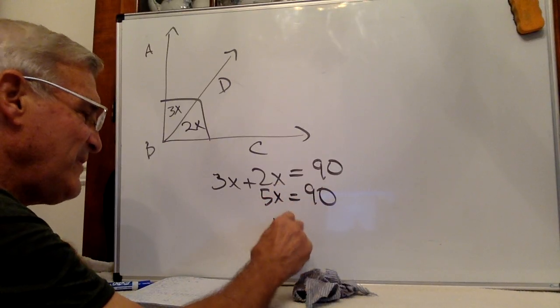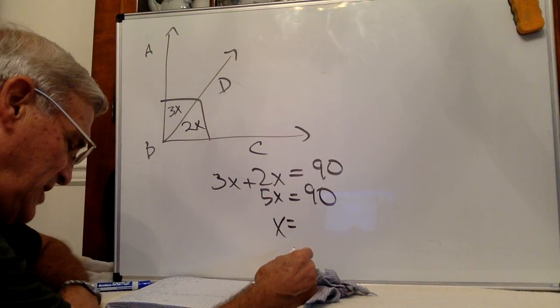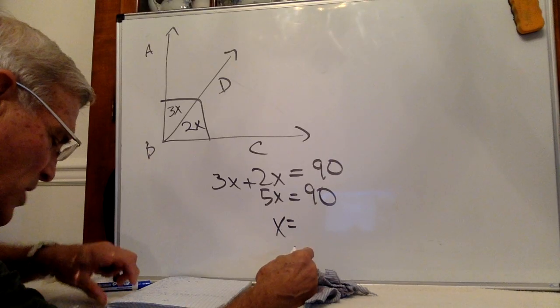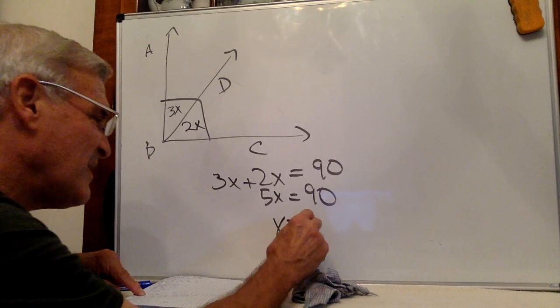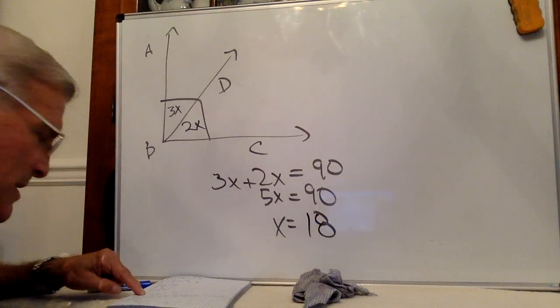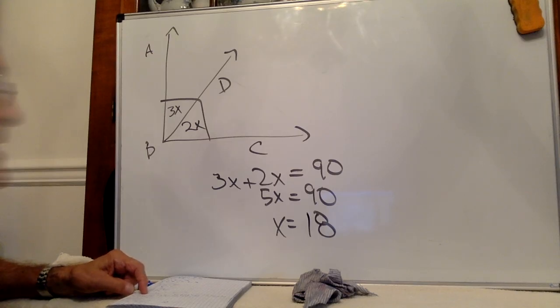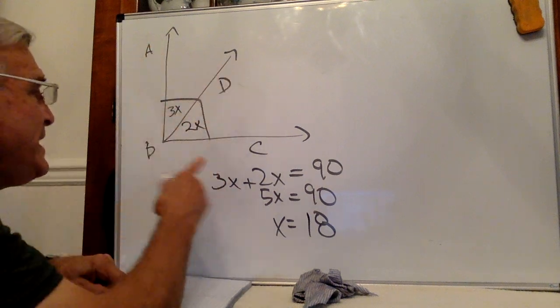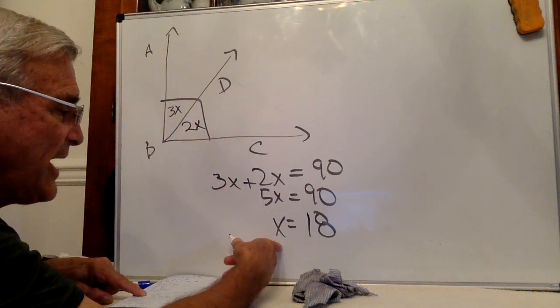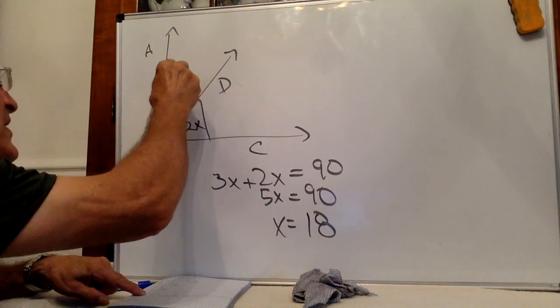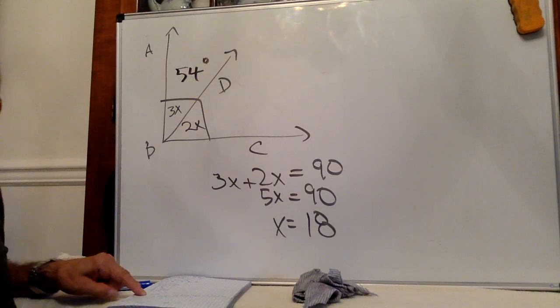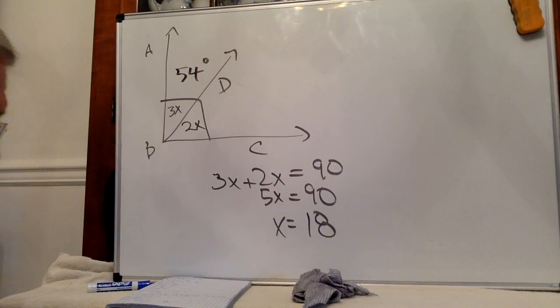Divide by 5, and you get x is equal to 18. Then it said find the measure of angle ABD. Well, angle ABD is 3 times x, so 3 times 18, 54 degrees.